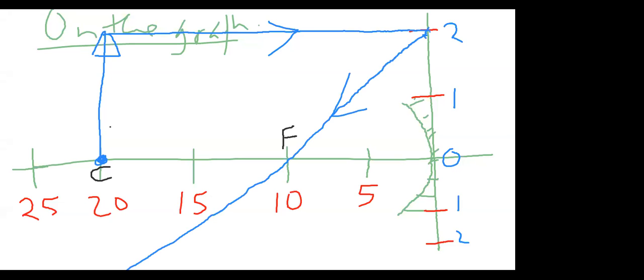Then another one says that a ray of light which is starting from the object's head and passing through C goes and comes back. So where the two rays meet is where the image is formed.